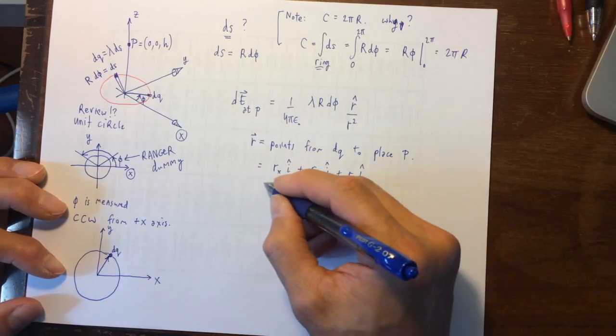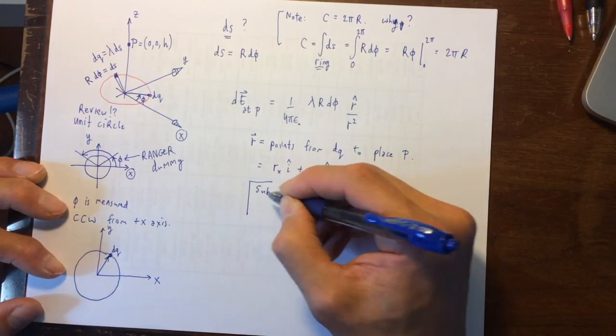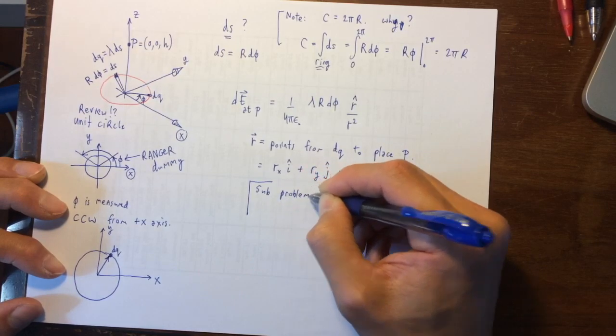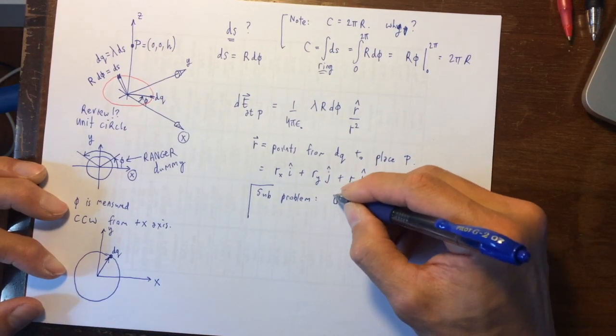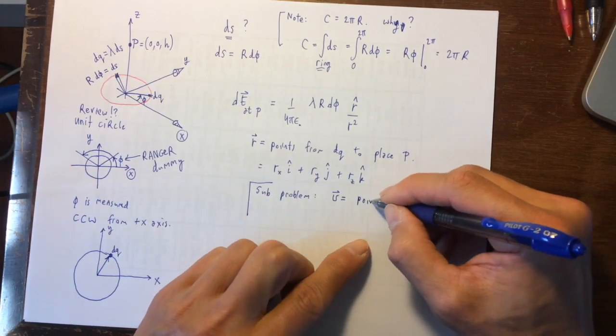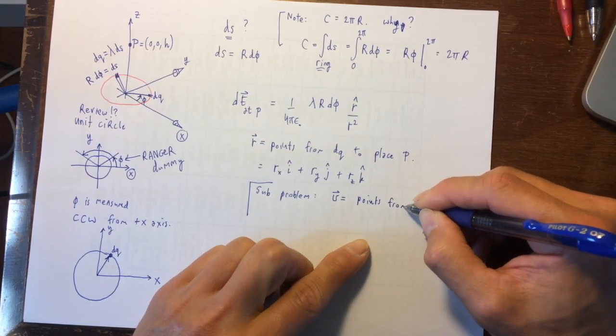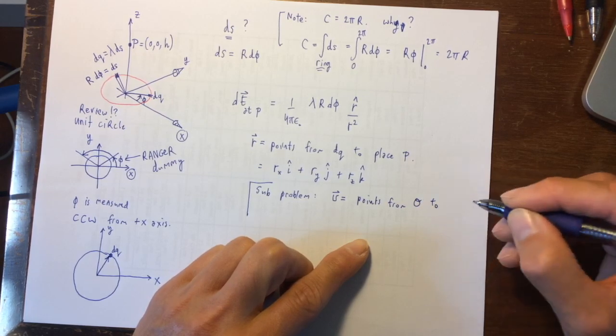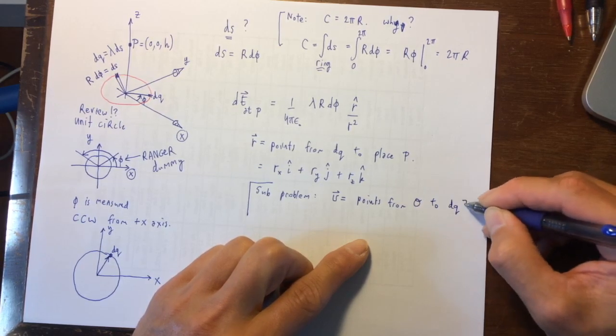So this is a sub-problem. How do I write down the vector v that points from the origin O to the charge dq?